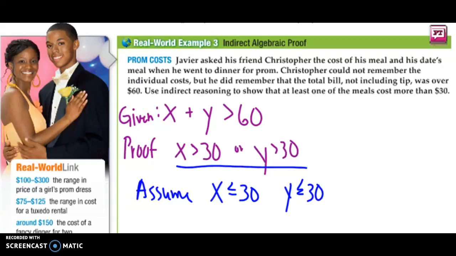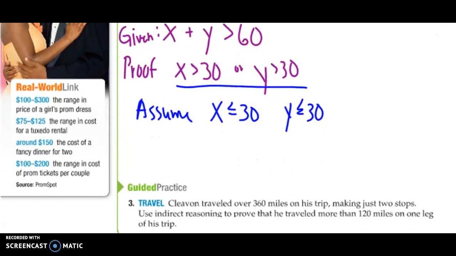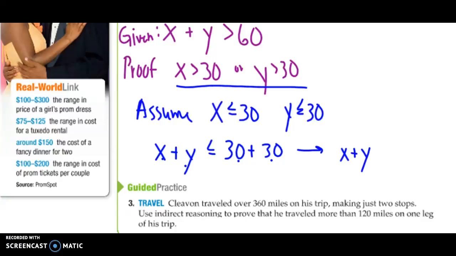So if you know that x is less than or equal to 30, and you know that y is less than or equal to 30, let's plug them both in. x plus y has to be less than or equal to 30 plus 30, because x was 30 and y was 30. So this would say that x plus y is less than or equal to $60.